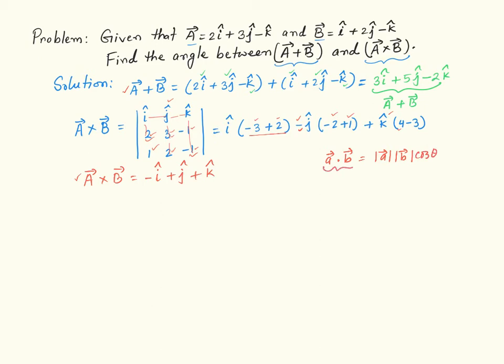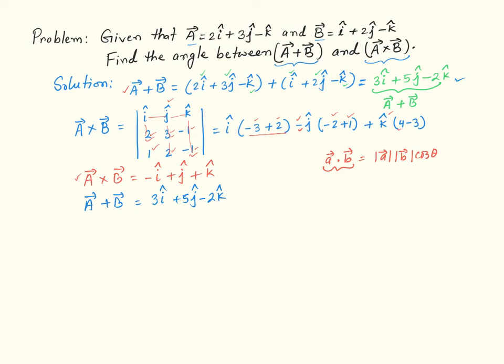So we are going to take the dot product of these two, which is very straightforward, by the way. Let me write down the A plus B as well here. A plus B, which we found to be 3i hat plus 5j hat minus 2k hat.